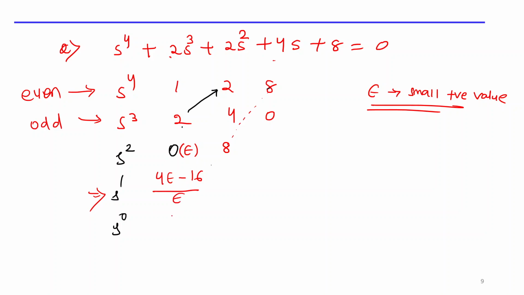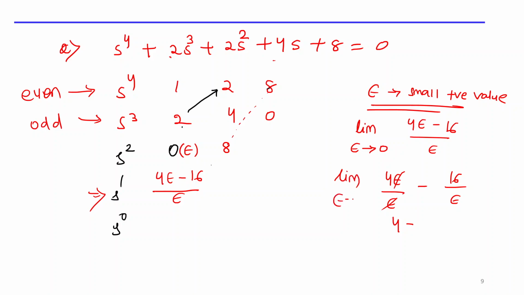But you know that epsilon naught is a very small positive number. Then you take the limit of that, epsilon very close to 0, and solve. 4 epsilon naught divided by epsilon naught minus 16 divided by epsilon naught, so epsilon cancels. 4 minus the limit as epsilon naught goes to 0 of 16 over epsilon naught, you'll get infinity.